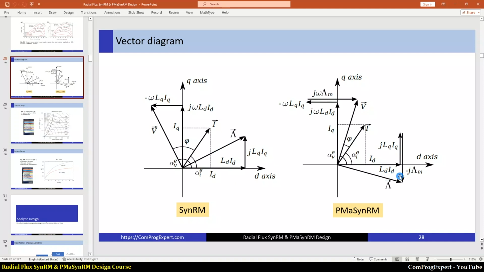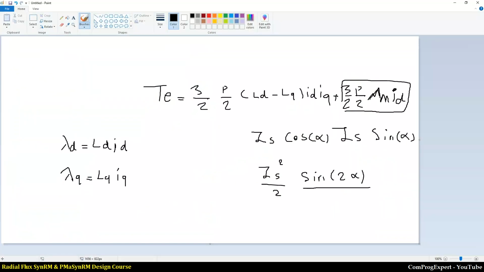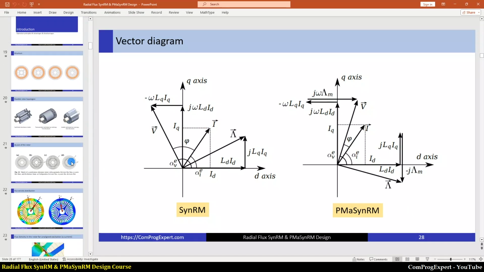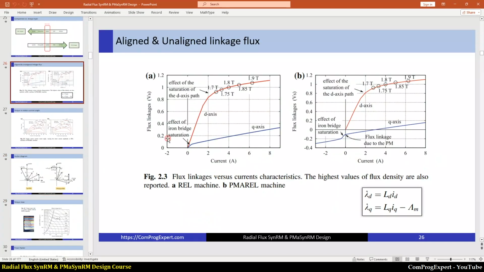So here, if we add magnets, lambda m, this flux, in the opposite direction of the q axis, the flux linkage phasor is equal to, here you can see the equations, LQ IQ minus lambda m for lambda q, and for lambda d, LD ID.